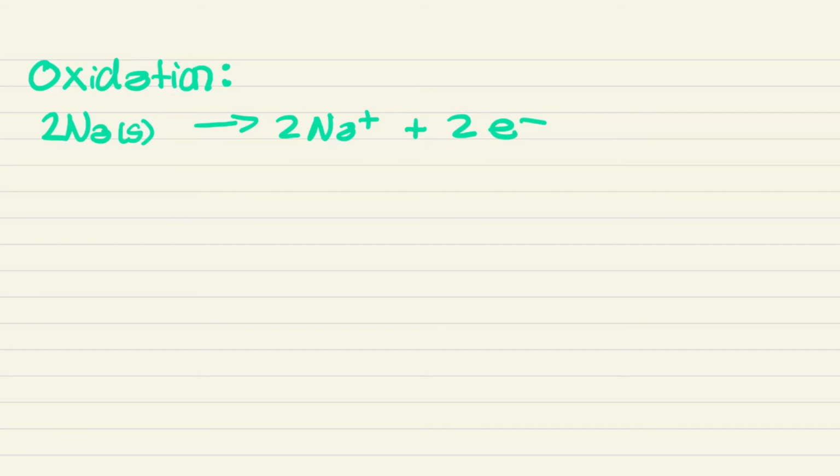In the oxidation process, sodium metal atoms lose 1 electron to make 2 sodium cations and 2 electrons. In turn, those 2 electrons are absorbed by the chlorine atoms to make chloride ions. This process is called reduction.